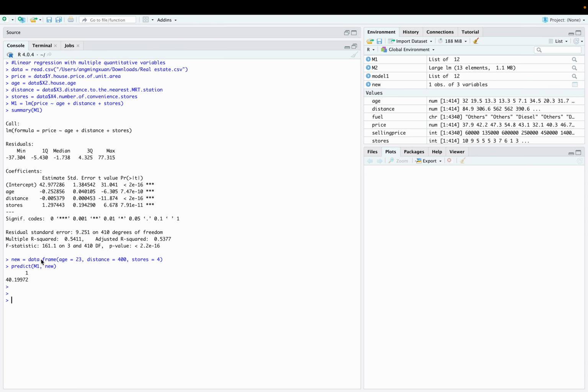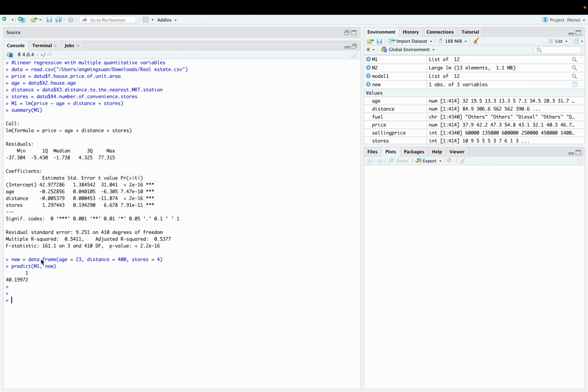Now, to interpret the meaning of the coefficients, it just means that after fixing the other regressors, for example, if we fix the distance and the stores, then the price of the house in that region is affected by the age by a reduction of 0.253 in the price of the house for each year that the house gets older.